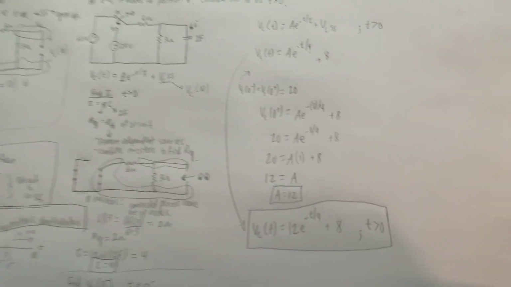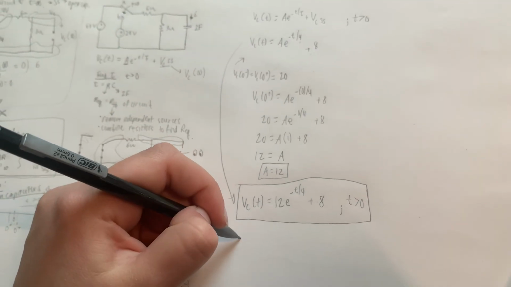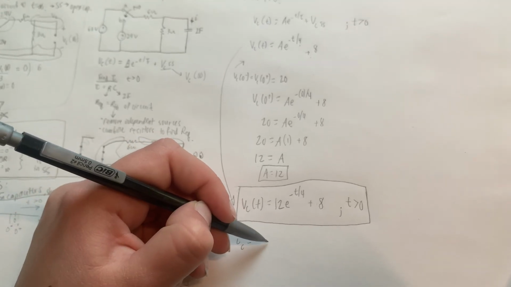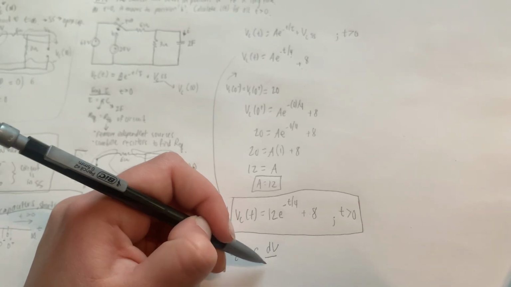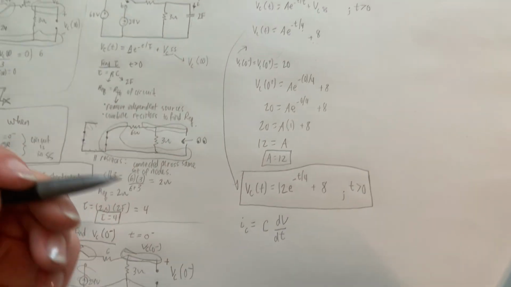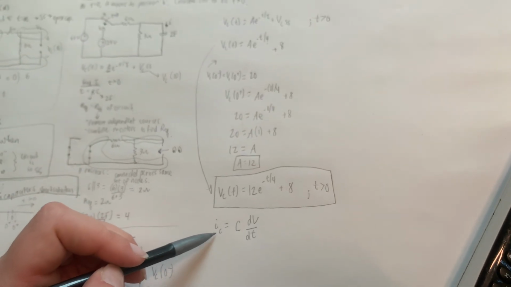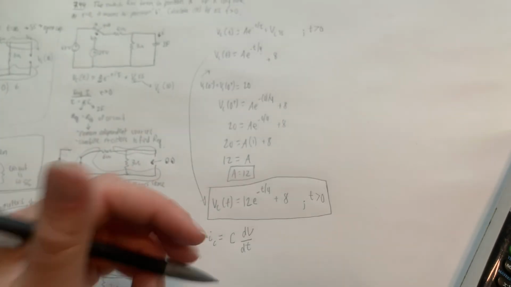Well, we need to know what the formula is for current going through a capacitor. And it is, so IC equals the capacitance of the capacitor times the derivative of the voltage across the capacitor. Maybe now you can see why we couldn't directly find this first. We needed to find voltage first across the capacitor.